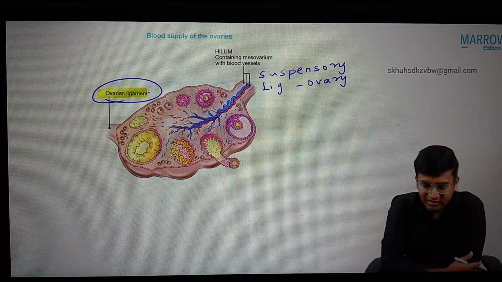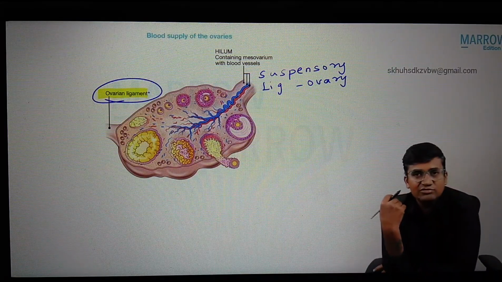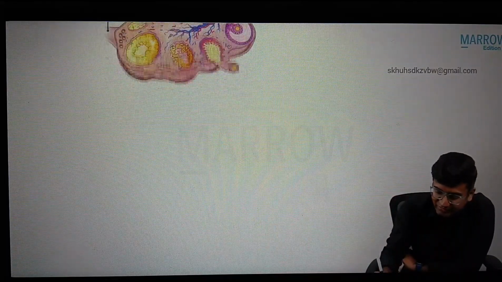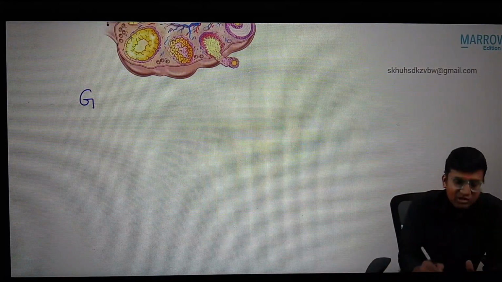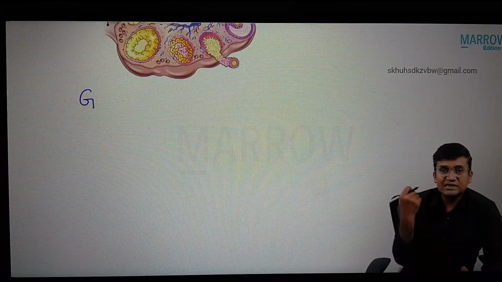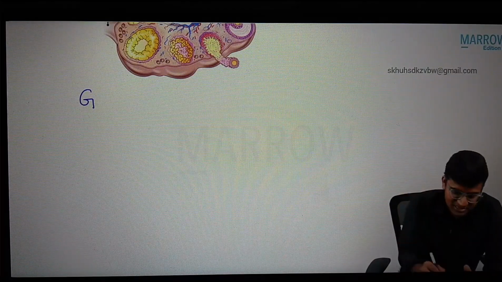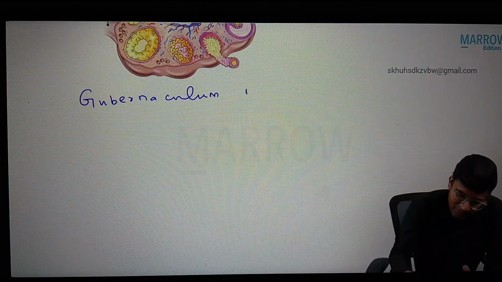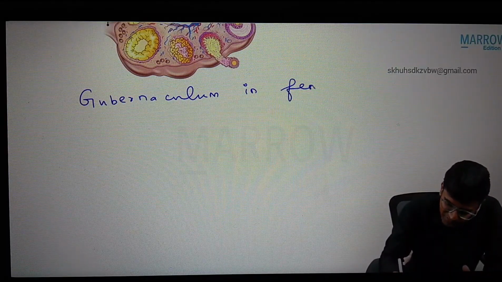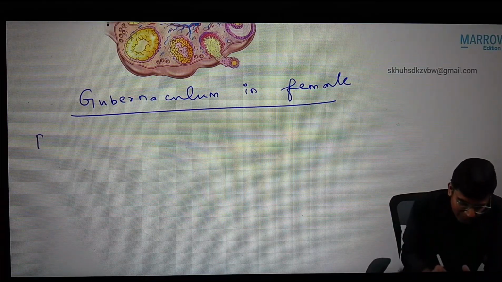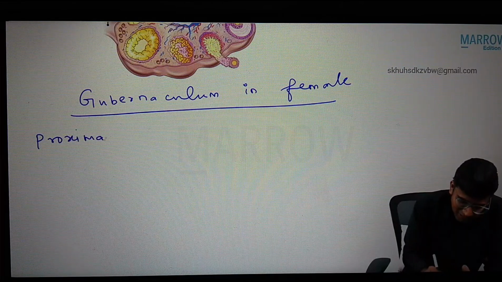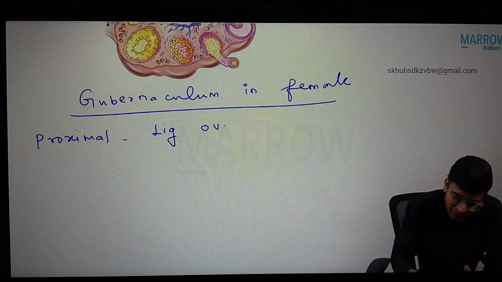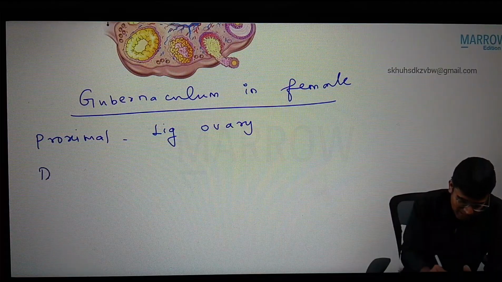The ovarian ligament is a remnant of the proximal part of the gubernaculum in females. The gubernaculum in males, I told you in development, helps in the descent of the testis. So the proximal part of the gubernaculum in females forms the ligament of ovary.